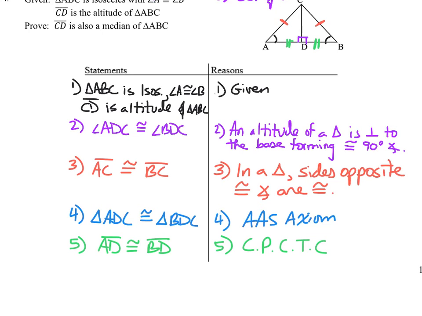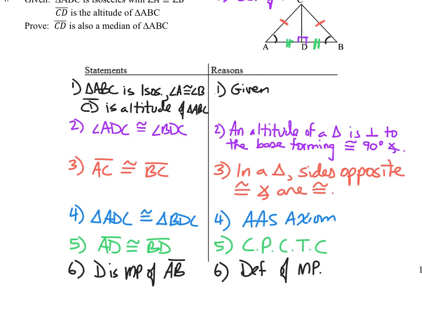And now I can also state D is the midpoint of AB, definition of midpoint, and then the last step in the whole shebang here is really relying on our knowledge of what a median is.